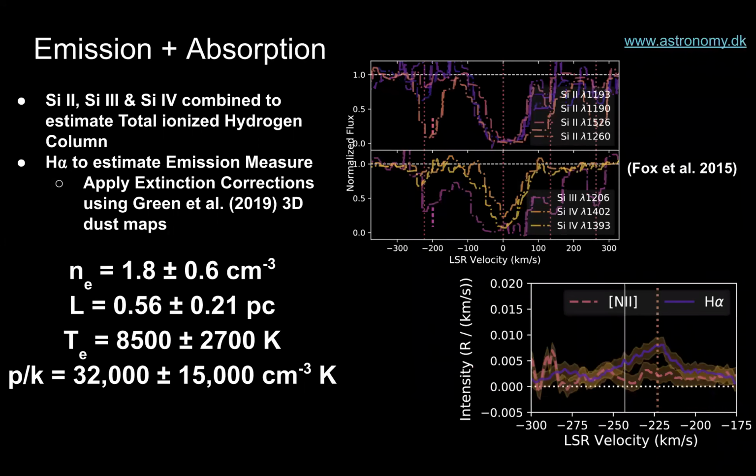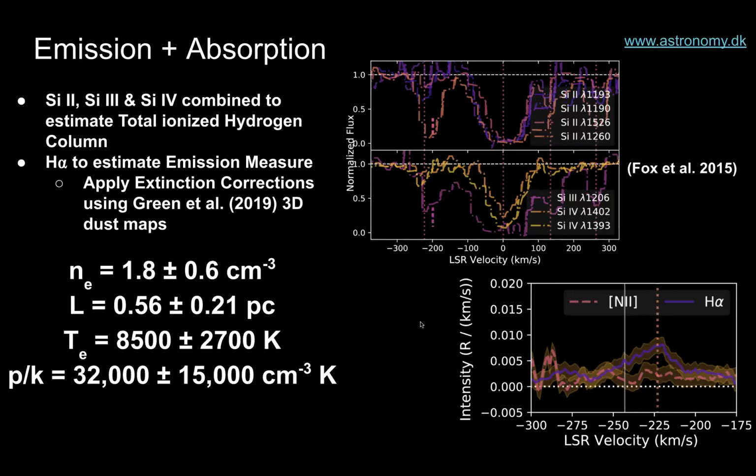So here is some of the absorption line spectra from HST. By using all of the silicon absorption that's seen, silicon 2, 3, and 4, we can try and estimate what a total ionized hydrogen column density is, assuming some metallicity as well. And then use that in combination with the H alpha emission, which you can get an emission measure out of.